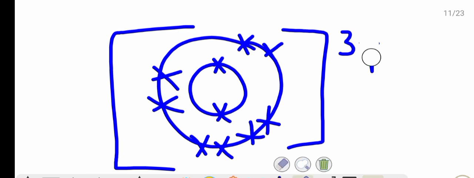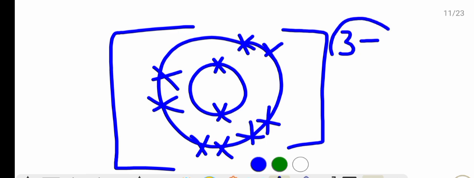So it's a negative because remember we said it's gaining, so you put a negative there. If you put a plus with that 3, it means it's a metal, and that metal is donating 3 electrons. But this is a non-metal and it's gaining 3 electrons, so this should be there.